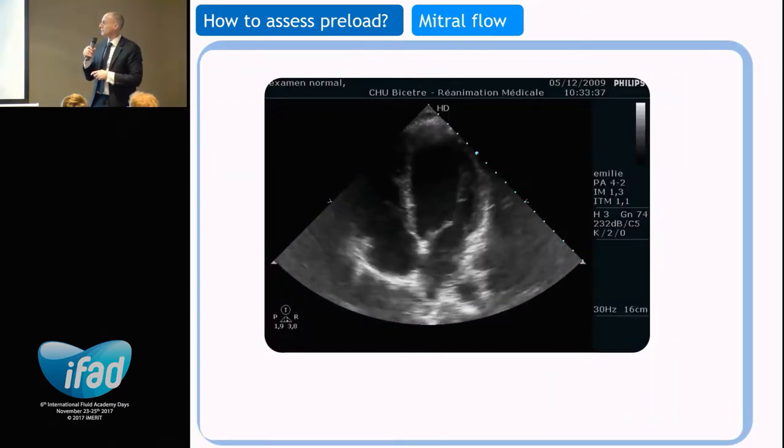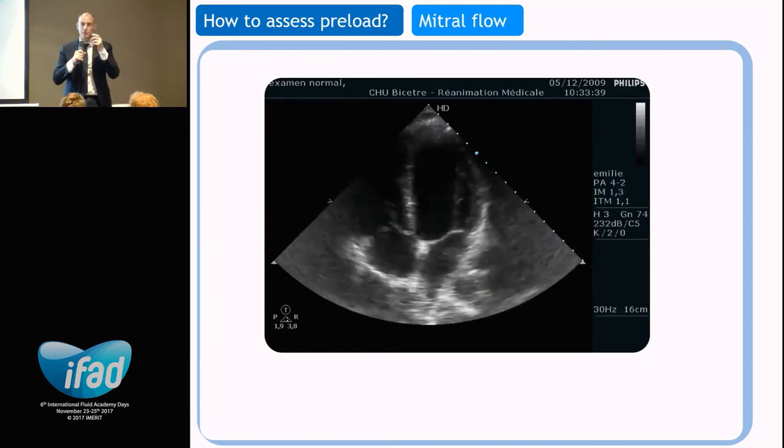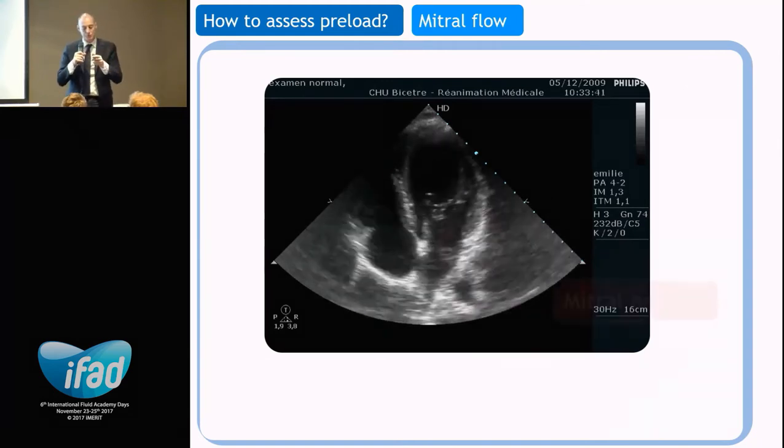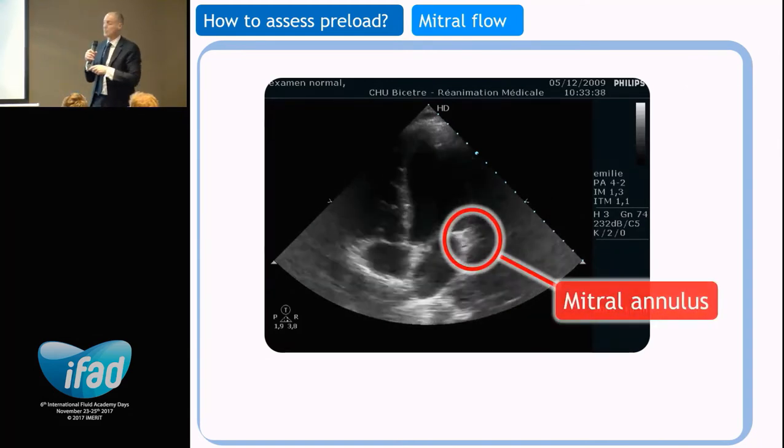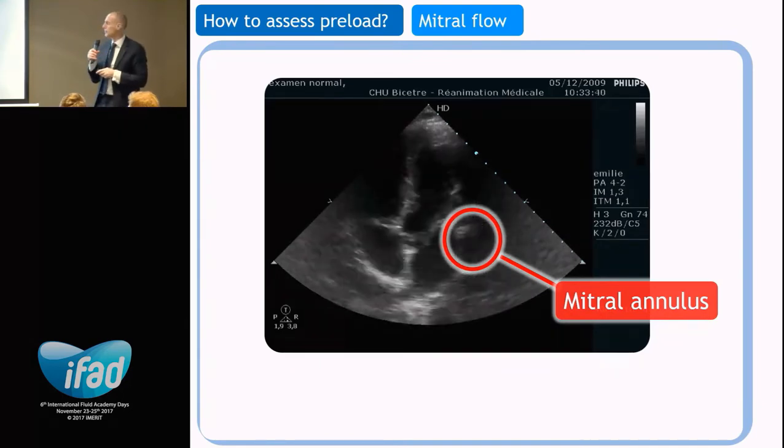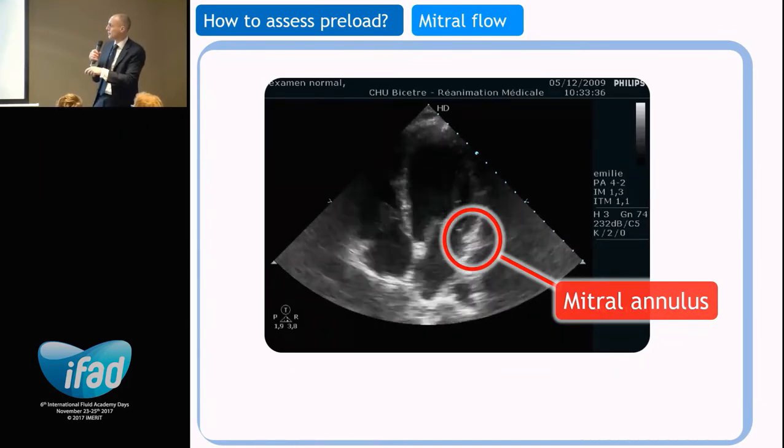In fact, the solution to solve this problem comes from the mitral annulus, because you easily see that during contraction, the plane of the mitral annulus moves back and forward.